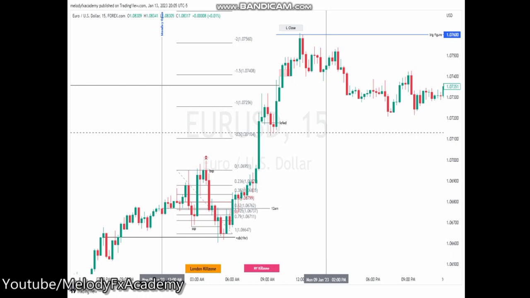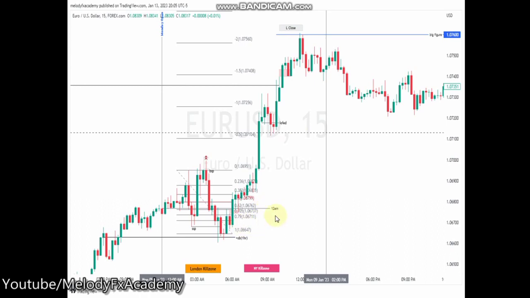Looking at which level is closer to this 2 standard deviation level, in terms of pips, that will be 10, 20, 30 pips, right? And that is close to a big figure as well, which is a zero level. With all this, you can project the highs of the day. That's just one way you can do it.